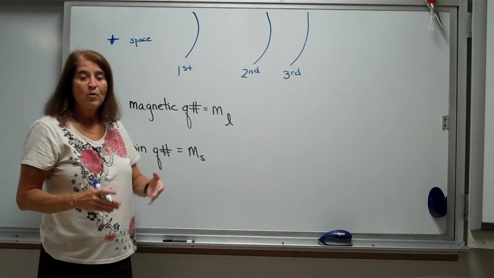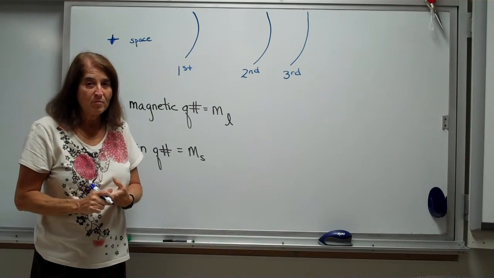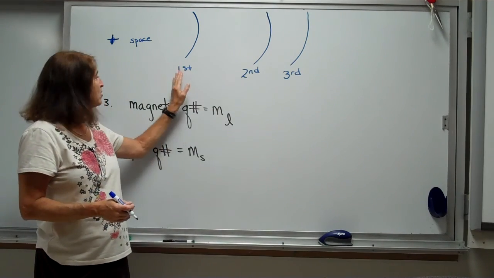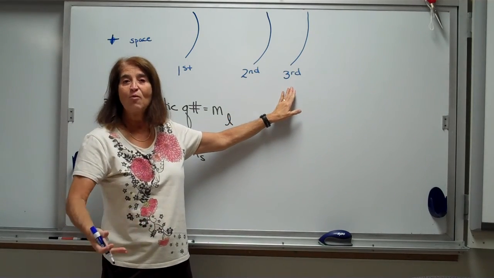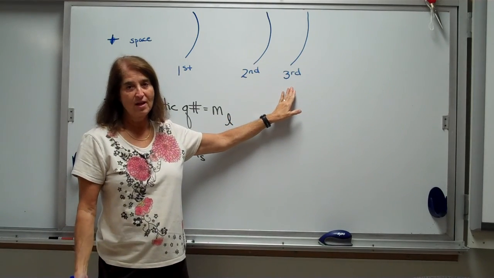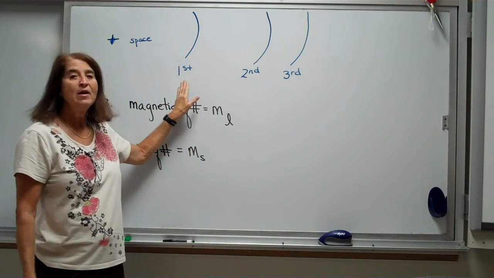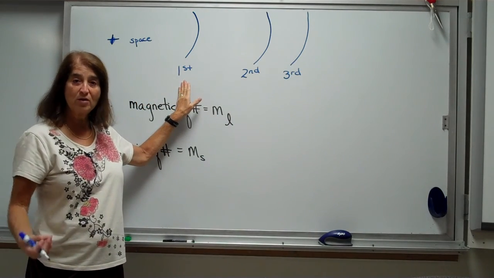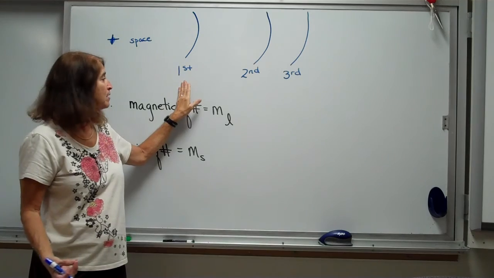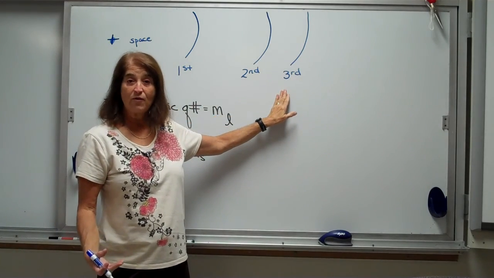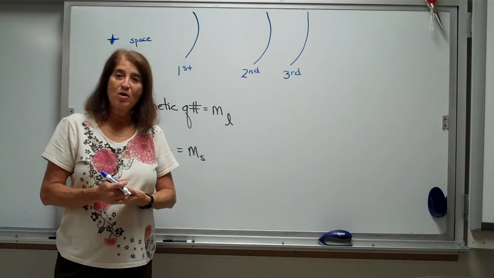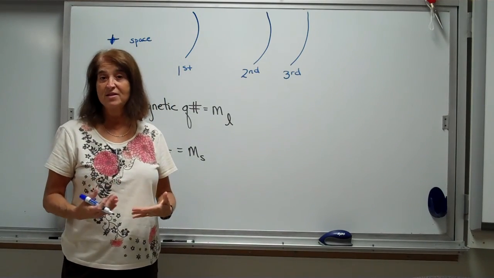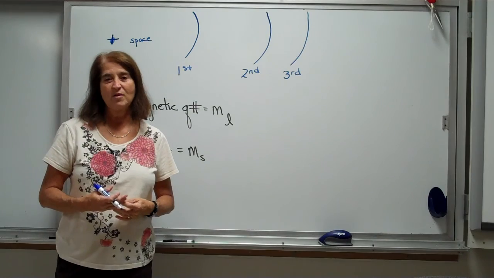So, when we're talking about the principal quantum number, n can be 1, 2, or 3, and so on, designating the energy levels. The first energy level is going to be closest to the nucleus, the third energy level farther away. Now, not only does the principal quantum number tell us something about distance from the nucleus, it tells us something about energy.